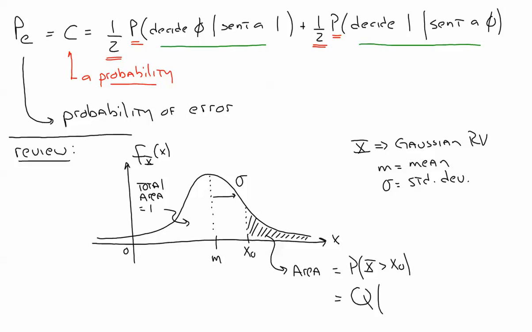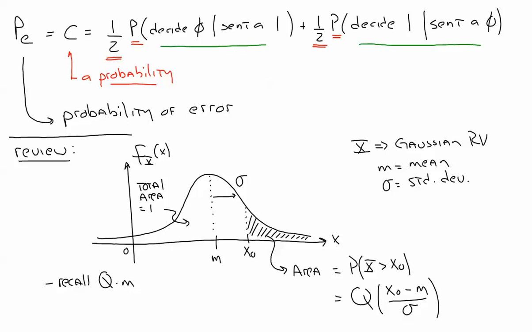That's Q of x naught minus m over sigma. All right? And you'll recall that early on I sent you a q.m file for MATLAB. That's how you find the area of the upper tail of a general Gaussian. We'll need that in just a couple minutes.